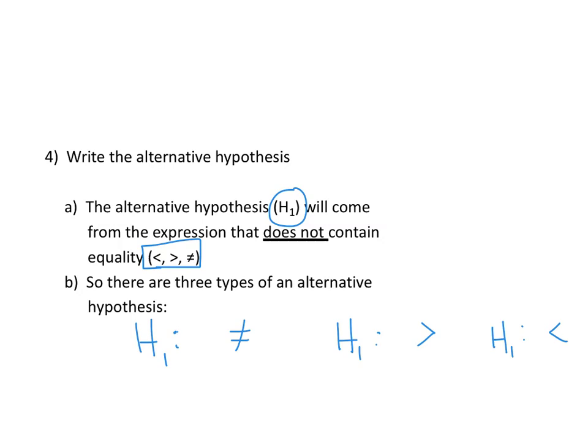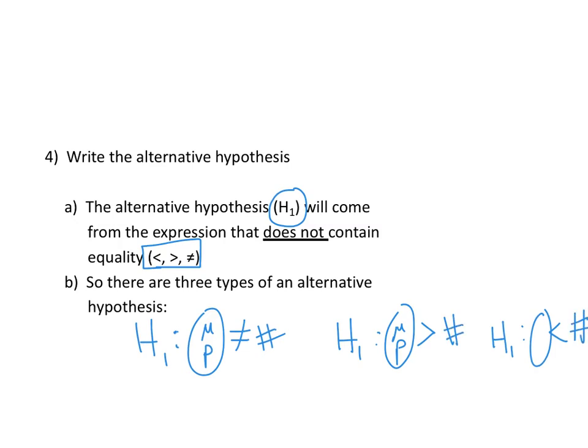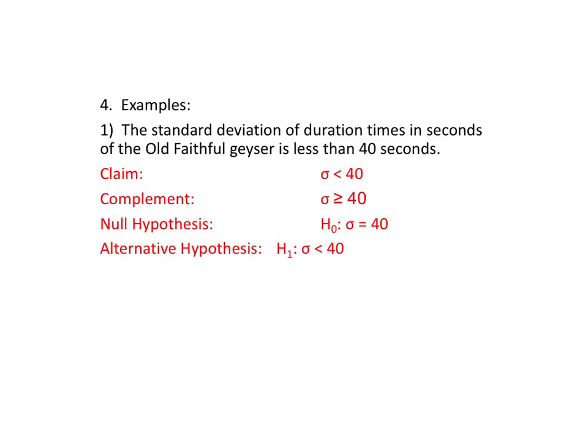Each of these parts will have either a mu or a p here, and then a number. And that number is going to be the exact same number you had in the null hypothesis.